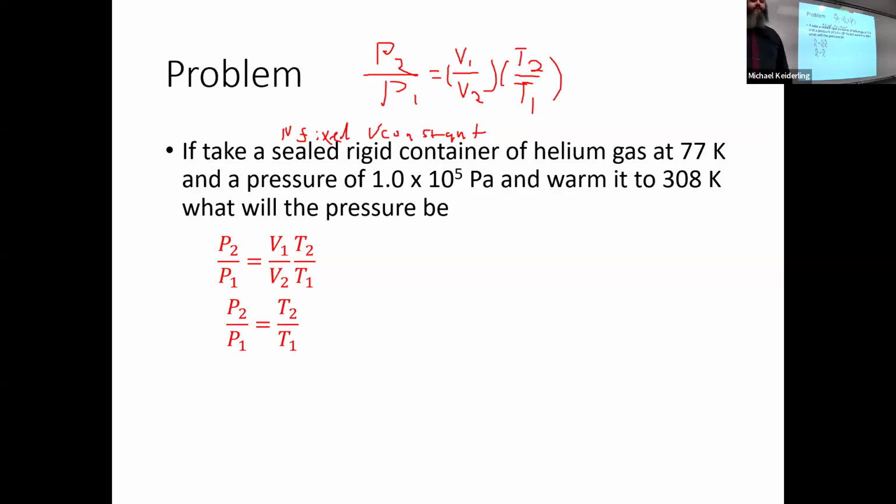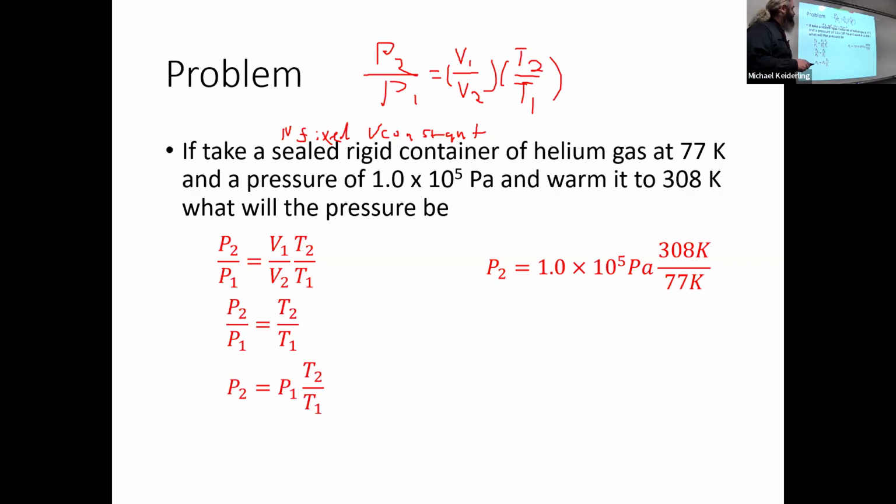So P2 over P1 equals T2 over T1. We can multiply both sides by P1. And P2 equals P1 times T2 over T1. P2 is thus going to be P1, 1 times 10 to the 5th pascals, times 308 Kelvin divided by 77 Kelvin.